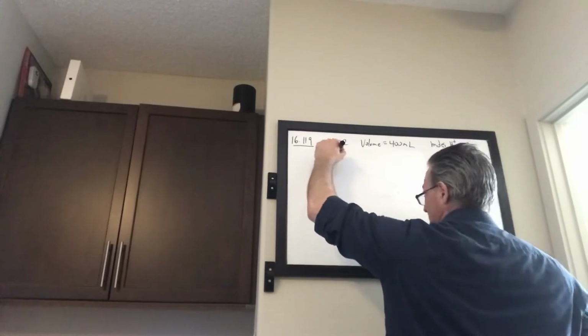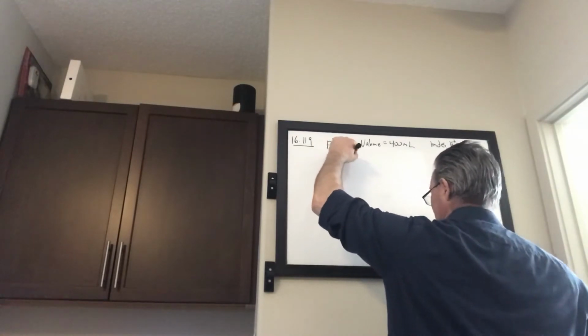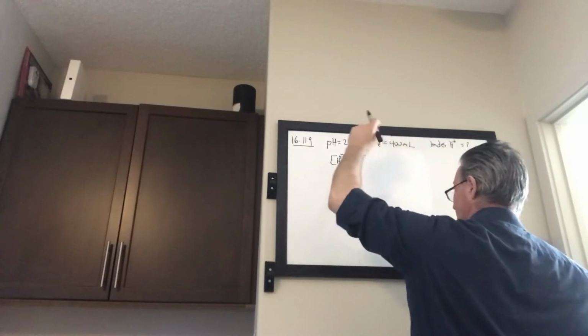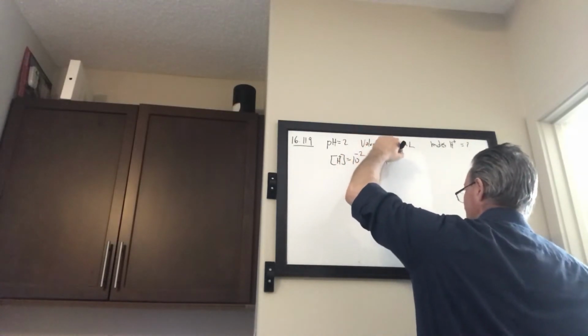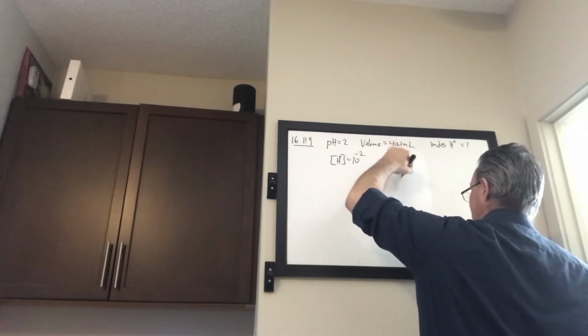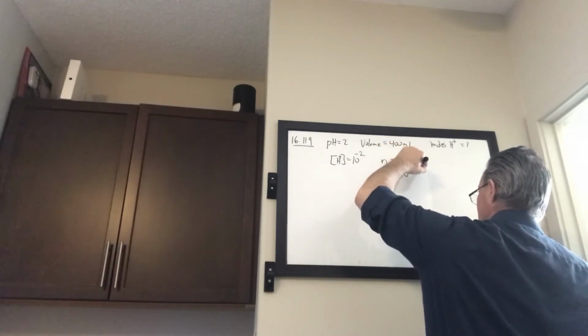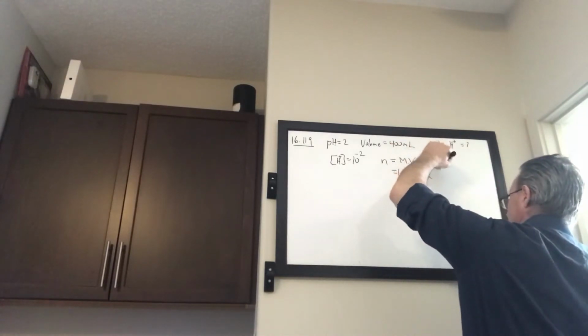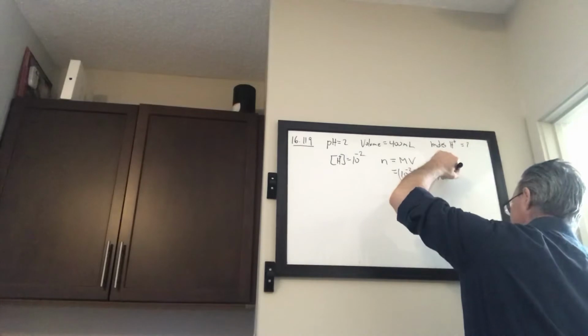If the pH is 2, it means the H plus concentration is equal to 10 to the negative 2. If you have a volume of 400 milliliters, then we can find out the moles. The number of moles is equal to the molarity times the volume. The molarity is 10 to the negative 2 moles per liter, and the volume is 400 1,000ths of a liter.